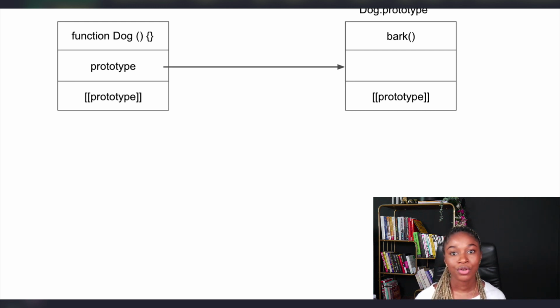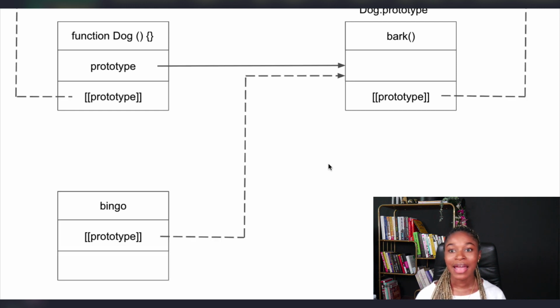But when a constructor creates an object, like Bingo was created from our dog function here, right? It creates that object linked to its prototype property, right? So what is the value of dog's prototype property here? It's its prototype object. So Bingo and every other instance created from dog will be implicitly linked to this prototype property.